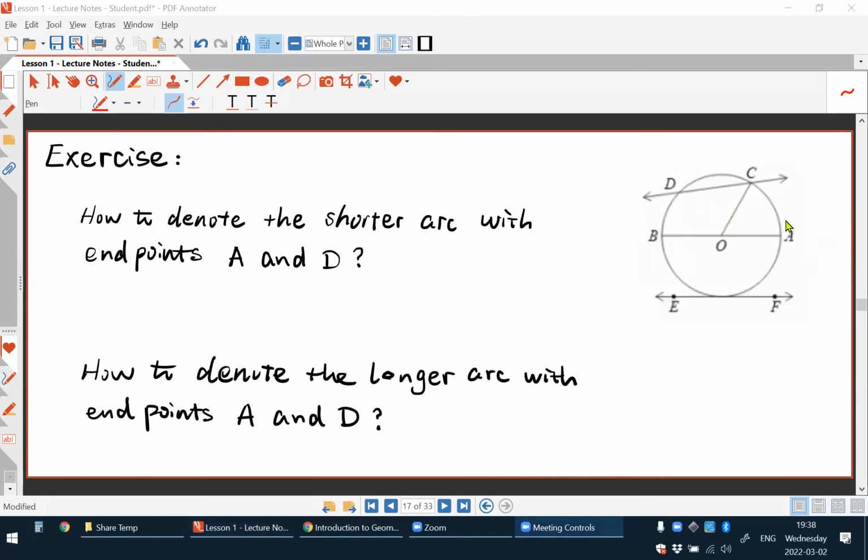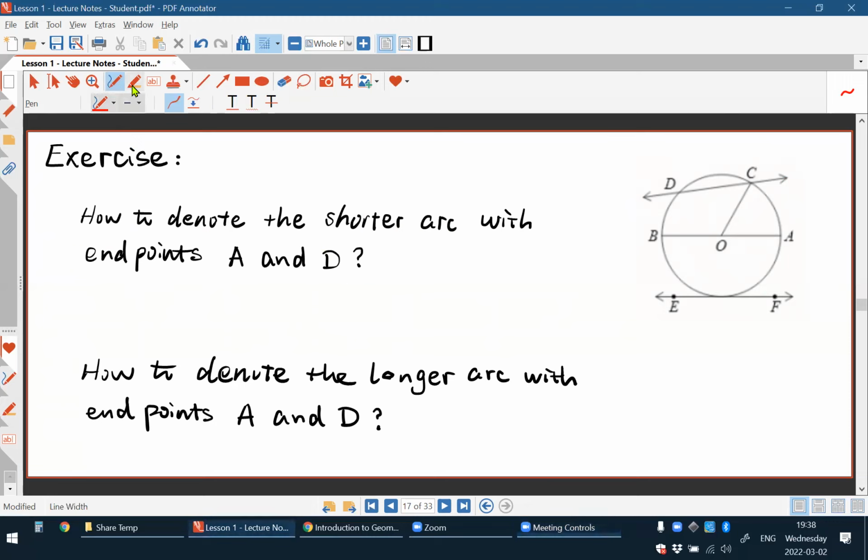And next page, let's do another exercise. For the same diagram, how do we denote the shorter arc with endpoints A and D? That means the arc shown here. AD is an arc like this.